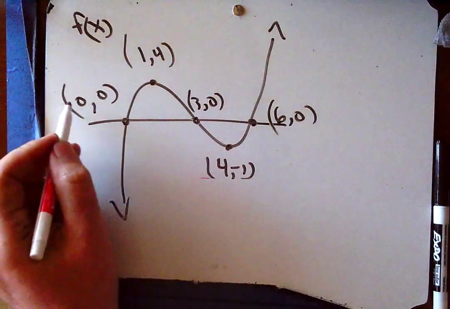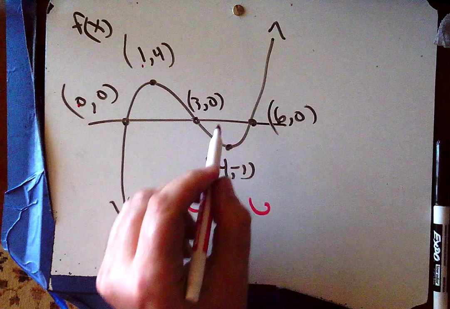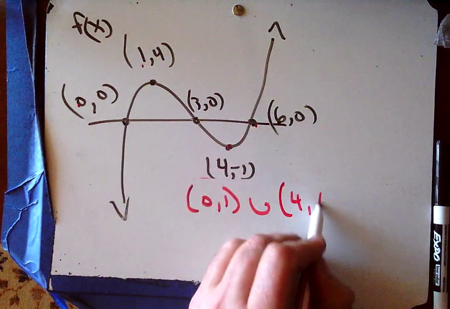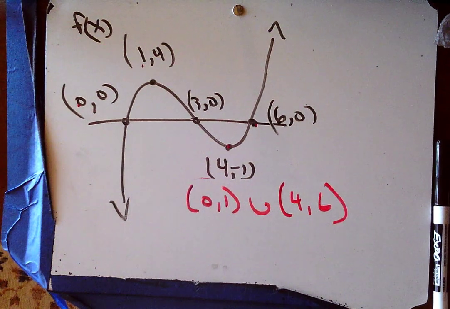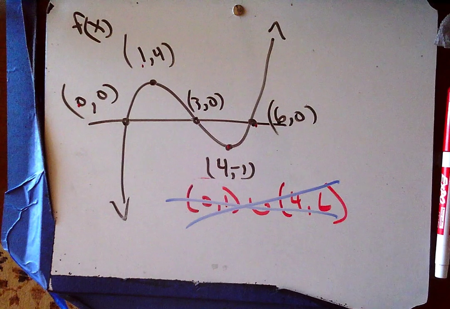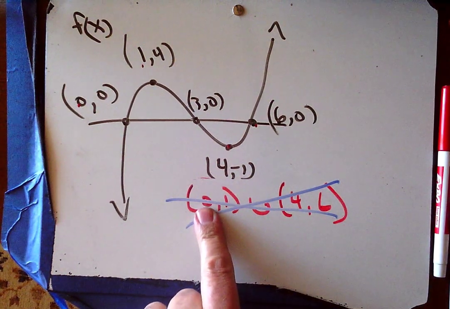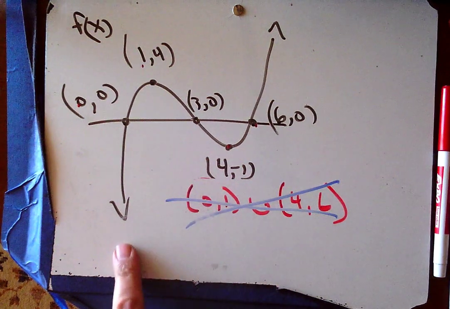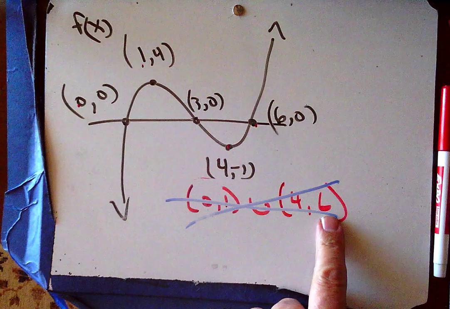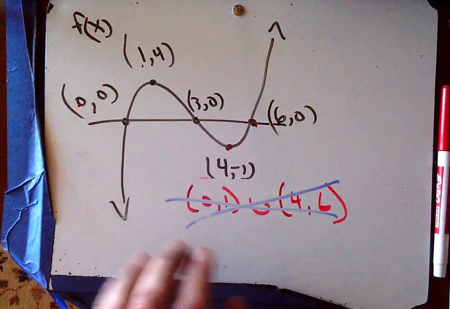So we might think to use this x value and this x value, and this x value and this x value. Would that be correct? No, I'd have to mark that wrong too. Oh my goodness, how come? Well, is the function increasing before we get to x equals 0? Sure, we're going up here. Is the function increasing after 6? Sure, we're going up for x values bigger than 6.